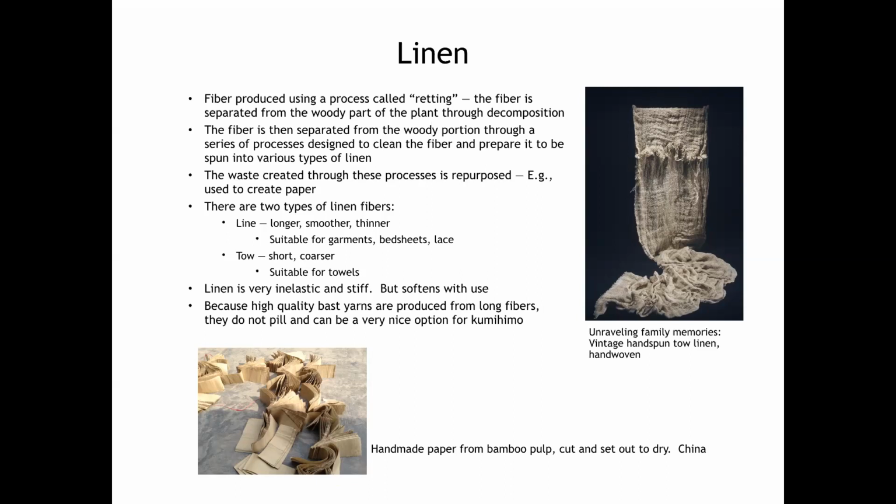So the piece that you see on the right, it's a hand-woven piece made out of hand-spun tow linen. And you can actually see the frayed sections, you can actually see how thick that yarn is.